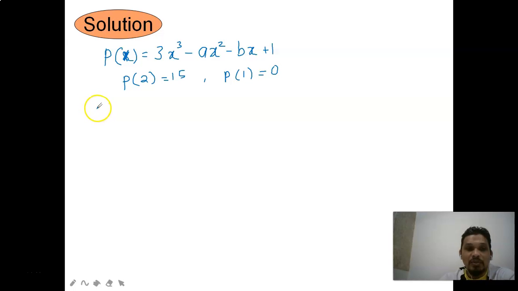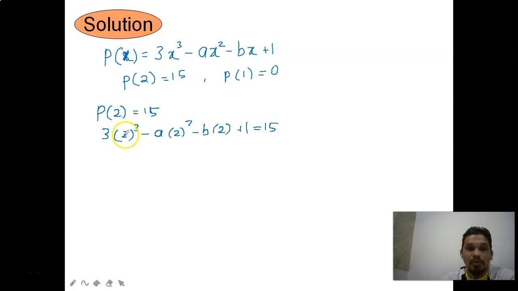So substitute P(2) equal to 15. From here, 3 times 2 cubed minus a times 2 squared minus b times 2 plus 1 equal to 15.